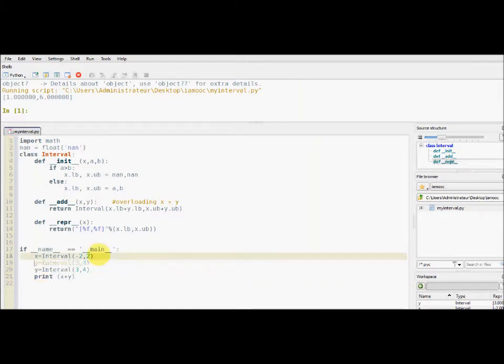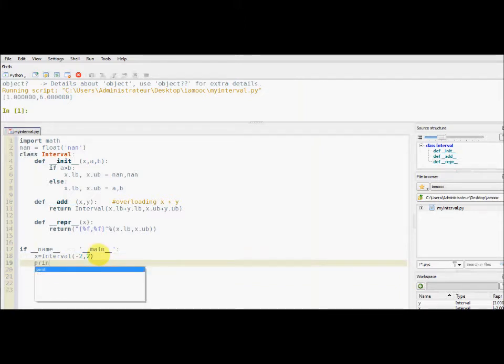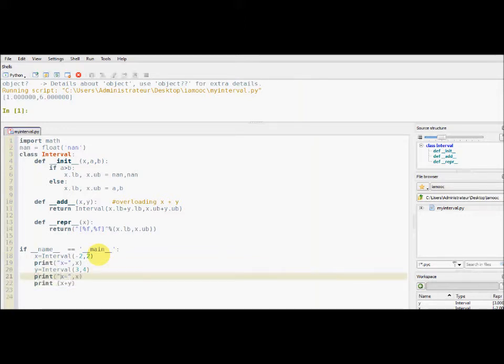So to be more clear, I will do here print x equal x, here print y equal y, and here x plus y equal x plus y.